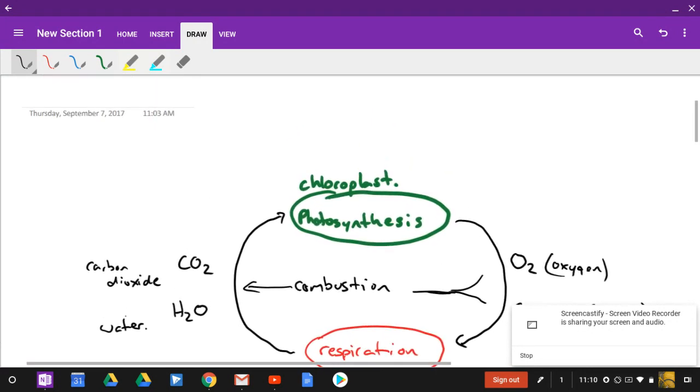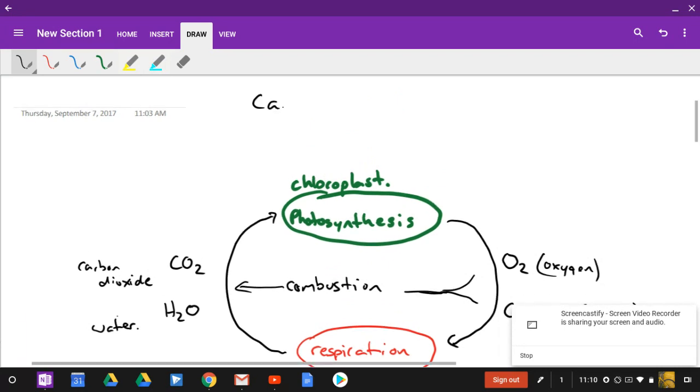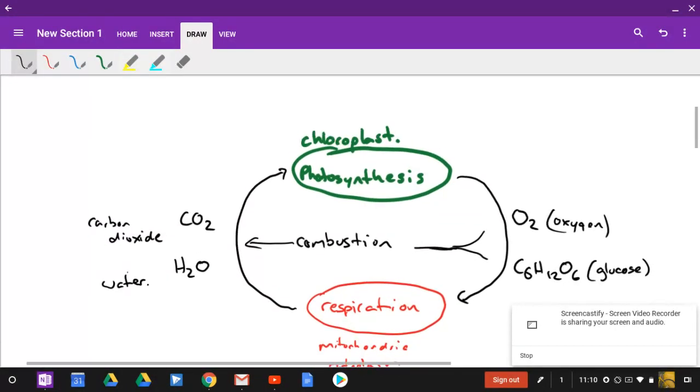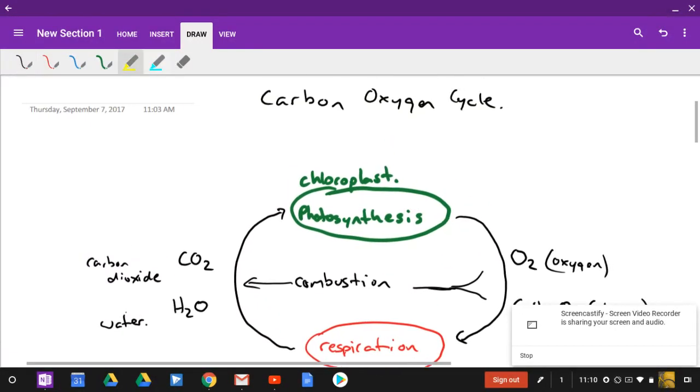So the purpose of all these things in the carbon-oxygen cycle, let me write that up here, is to carry energy. And the energy that plants have originally comes from the sun. Okay, and the sun gives its energy to these plants.